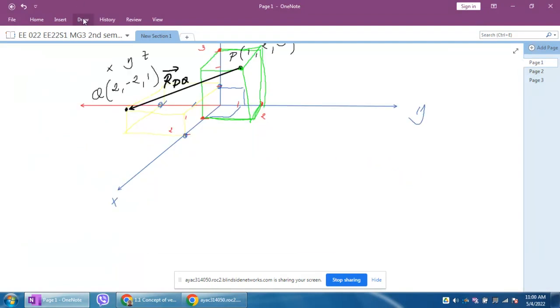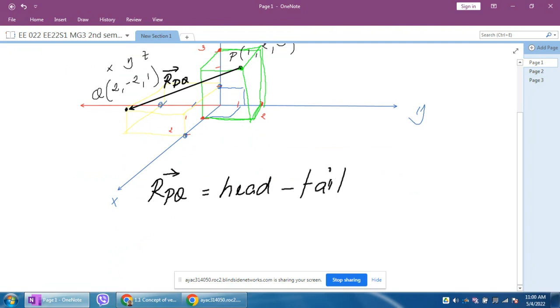Now, paano ko kukuhanin yung value ng RPQ? So madali lang po ito. So RPQ is basically, ang tatandaan nyo lang ito, head minus tail. Okay. So yung coordinates ng head minus coordinates ng tail.